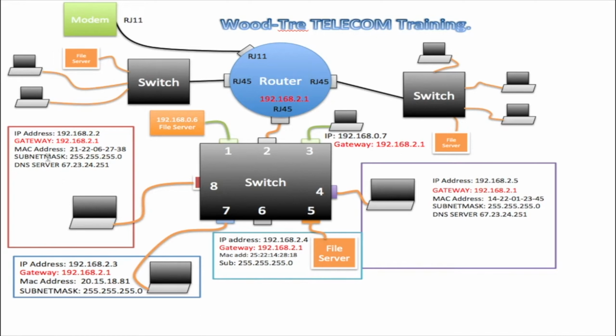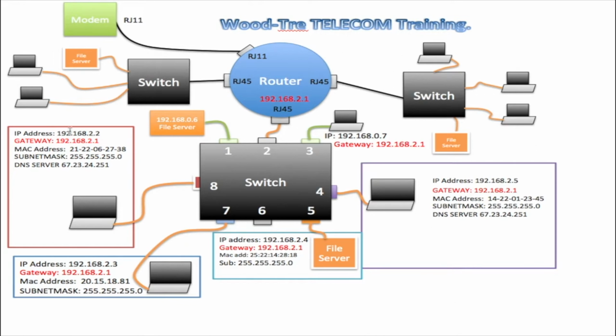Now, the second thing I want to touch on here is the IP address. As you notice here, 192.168.2.2. This one is 2.3, 2.4, 2.5. Okay? This one is different, and we'll talk about that in a minute. Now, in order for these computers to communicate, these numbers have to be the same except for the last digit after the dot.